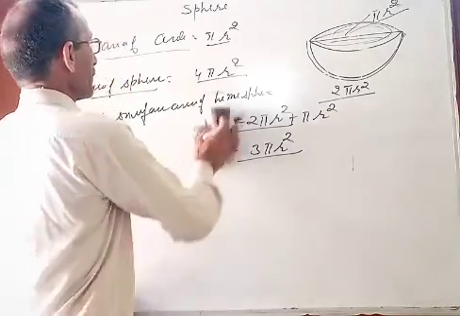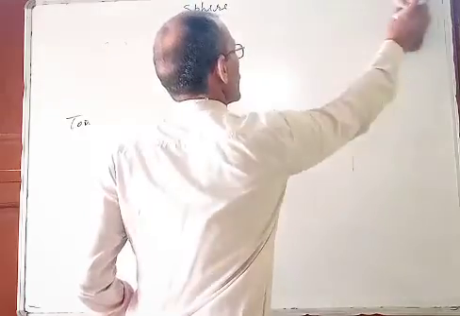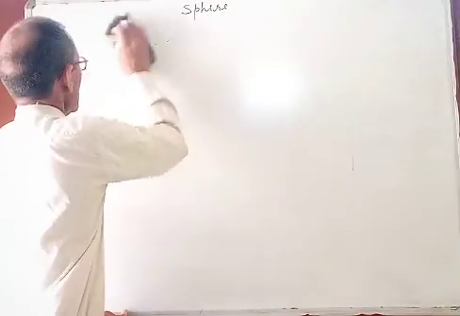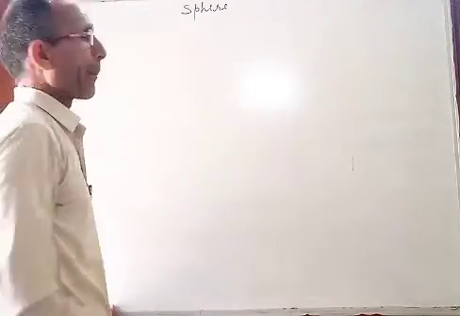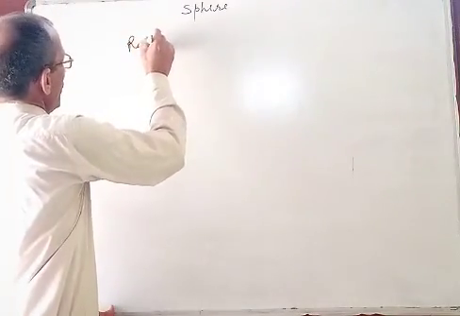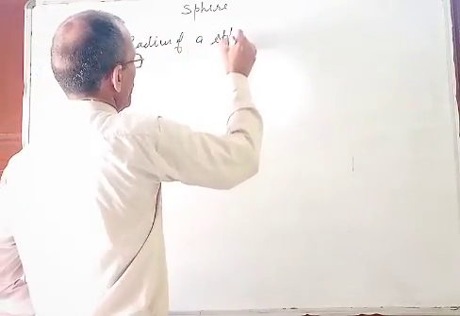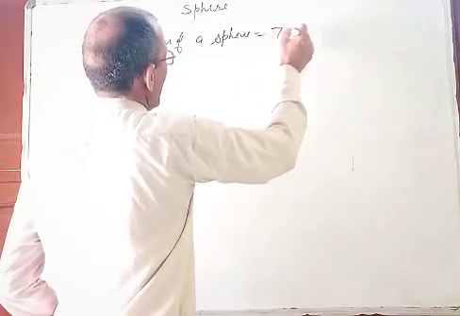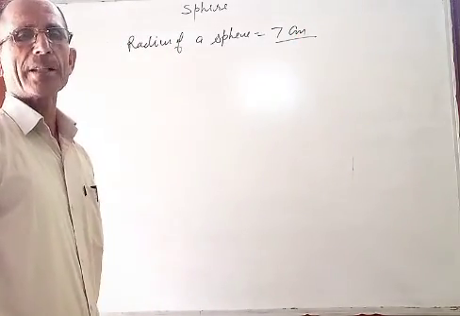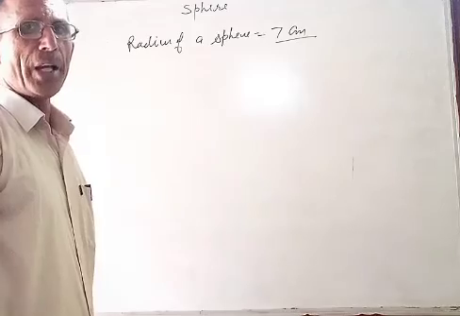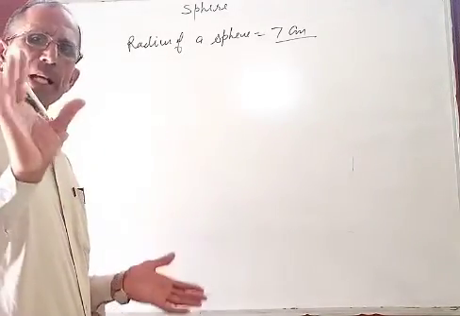So one question: the radius of a sphere is 7 centimeter. We have to find the total surface area of the sphere. Curved or total will be the same, because a sphere has only one face.